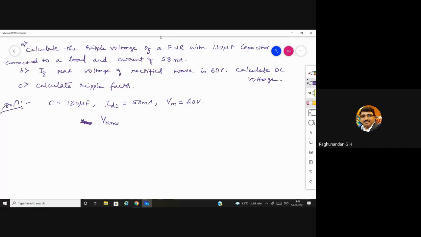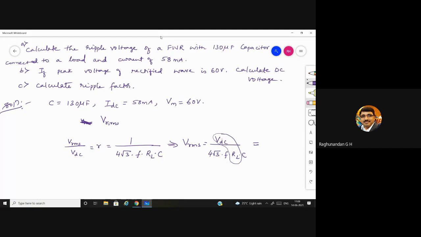For this we have the formula VRMS by VDC is equal to R, the ripple factor, which is equal to 1 divided by 4 root 3 F into RL into C. So VRMS is equal to VDC by 4 root 3 into F into RL C. We don't know the VDC value, but we have VDC by RL in the formula.